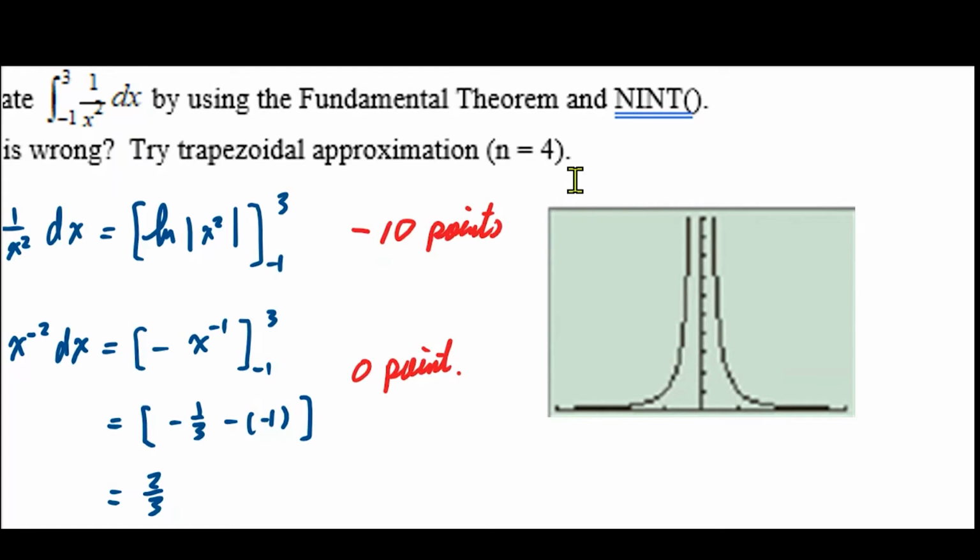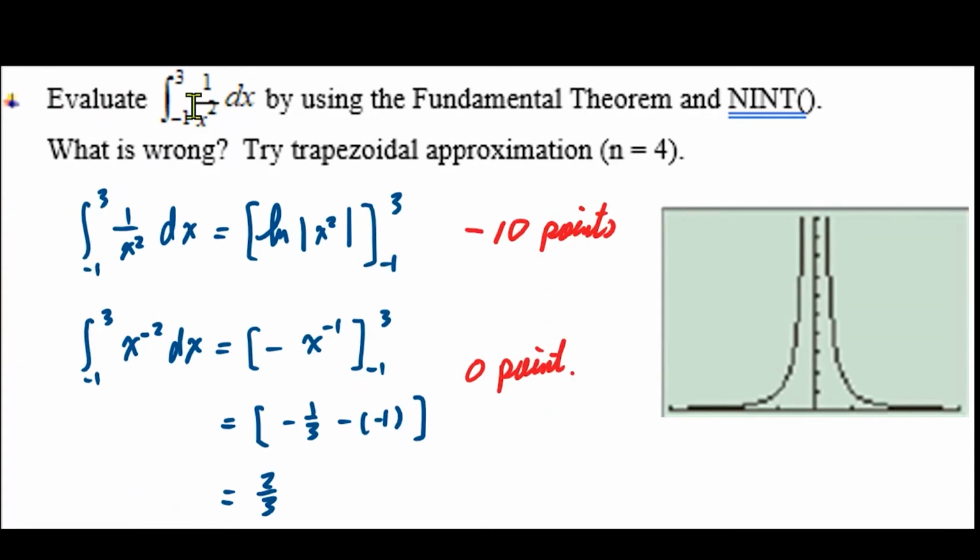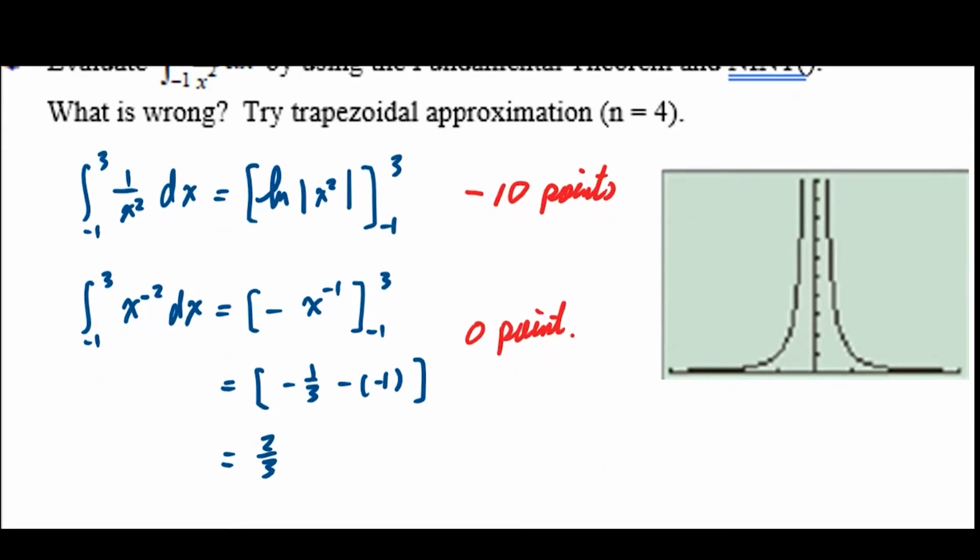And it is your job to know, because I might actually trick you like this. Evaluate this, and on a multiple choice, one of the choices will be this. And if you choose that, you get nothing. It is your job to know that this function has a vertical asymptote between this number and that number. You get it? Therefore, you pick it out, because the calculator knows better. So what is your answer then? What are you supposed to say?